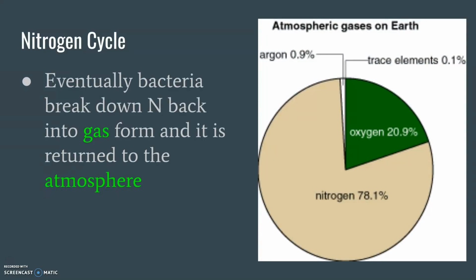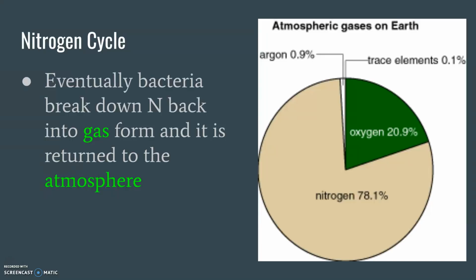So after an organism dies, so far what we have, let's back up. We have this free nitrogen in the atmosphere. We have these little bacteria that live on the roots of plants, and they suck it up, just like a vacuum. They suck in all the air, and they fix it. They turn it into a usable form of nitrogen that we can use. So now the plant has traded some glucose for some fixed nitrogen.